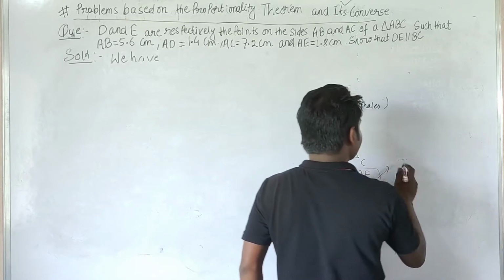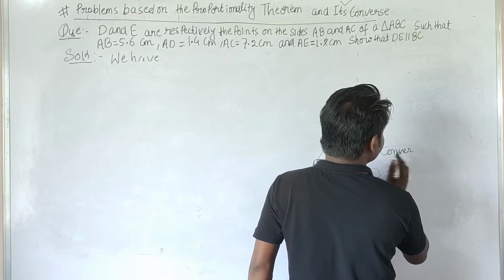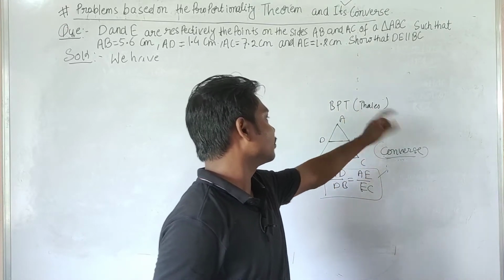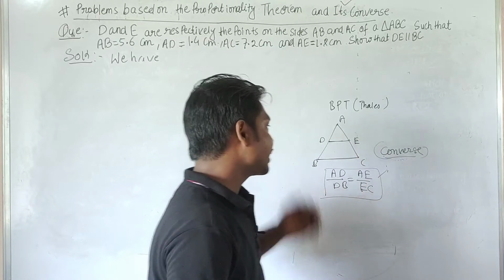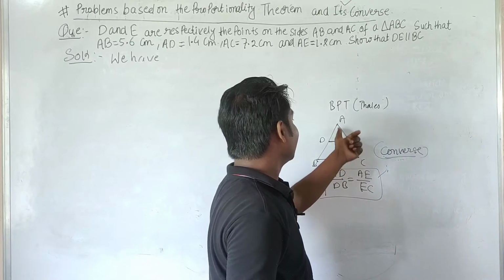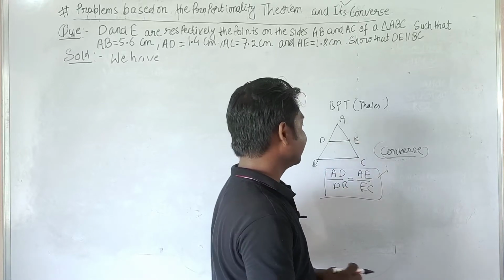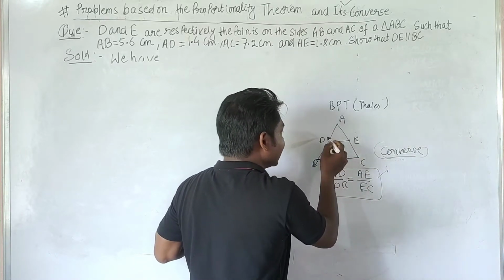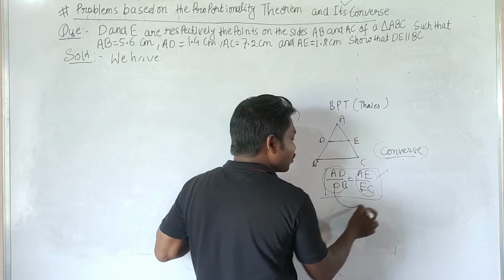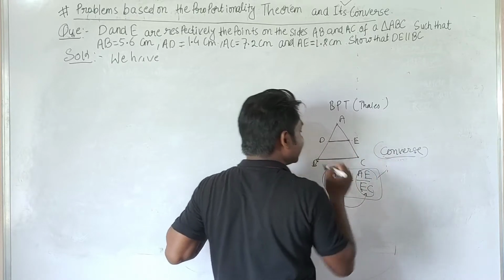Now come to its converse. According to the converse of the basic proportionality theorem, if there is a triangle ABC such that D and E divide AB and AC at points D and E respectively, and if the ratios AD by DB and AE by EC become equal, then the line DE becomes parallel to BC.